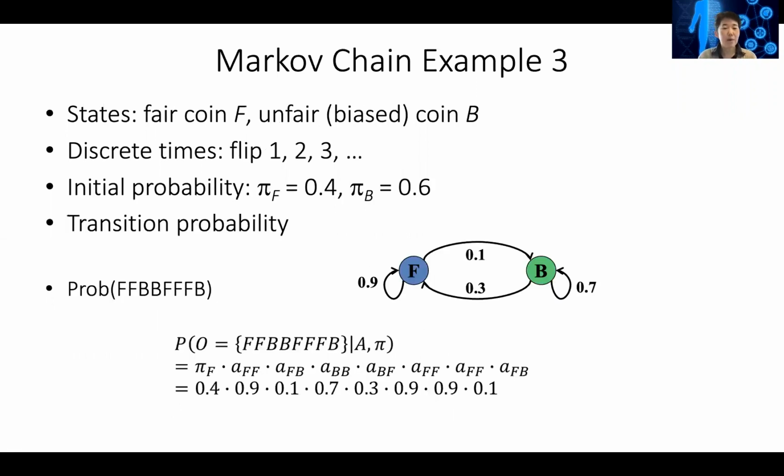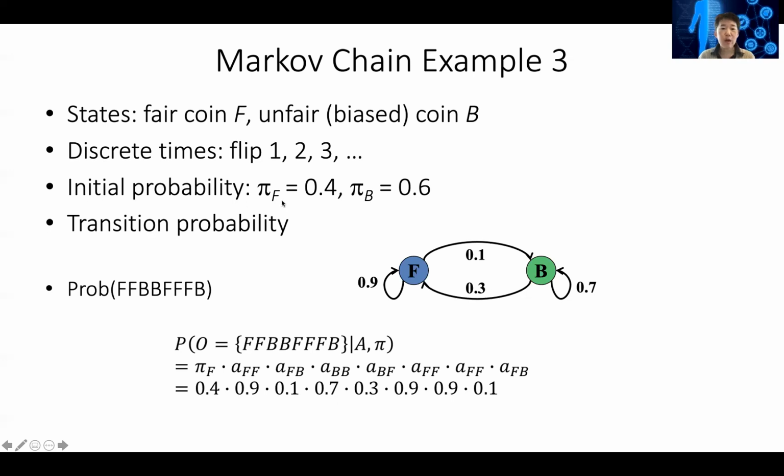And the third example is a case where you flip a coin to decide which coin to pick. Supposedly we have a fair coin, that's one state. Another coin is a biased coin, B. And the discrete time is whether you are using a fair coin versus an unfair or biased coin.